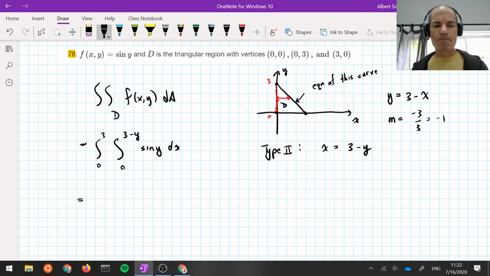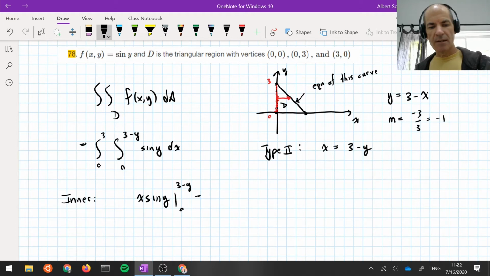and it helps you catch mistakes in a computer calculation. The inner integral, that's with respect to x. So integrating sine of y with respect to x is just x sine y, evaluated from 0 up to 3 minus y. Plugging in 3 minus y for x, don't forget which variable you're substituting for.